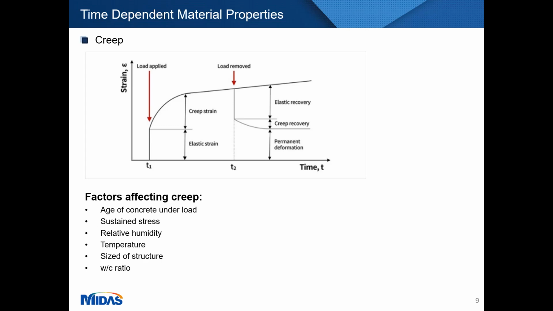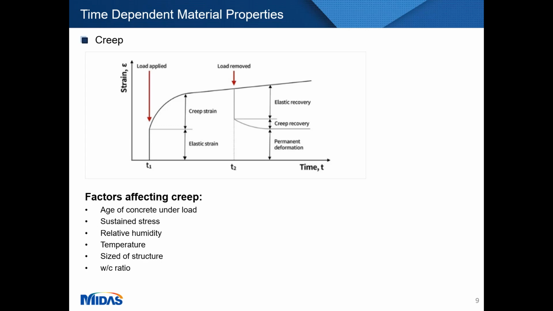And even though no additional load is applied, creep increases the deformation over time, which is called creep strain. You can see the change in creep strain is also not constant. Creep deformation occurs quickly in the beginning, but this rate gradually decreases over time.